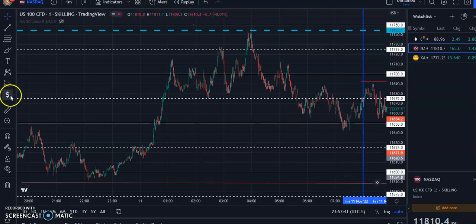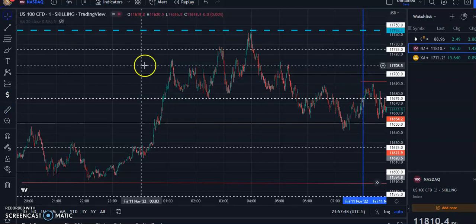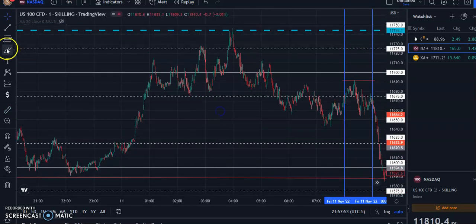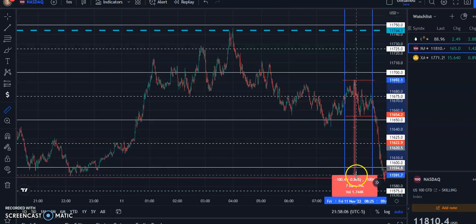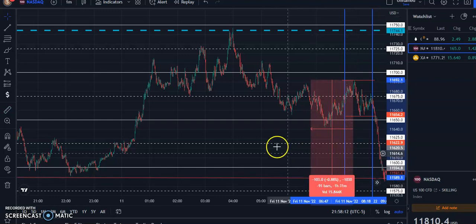Now, when you measure how many pips are from now the high of the session, that is after the first hour has set the high and the low of the session, when you measure from the high of the session to the low of the day, that's 100 pips, as you can see, 100 pips.